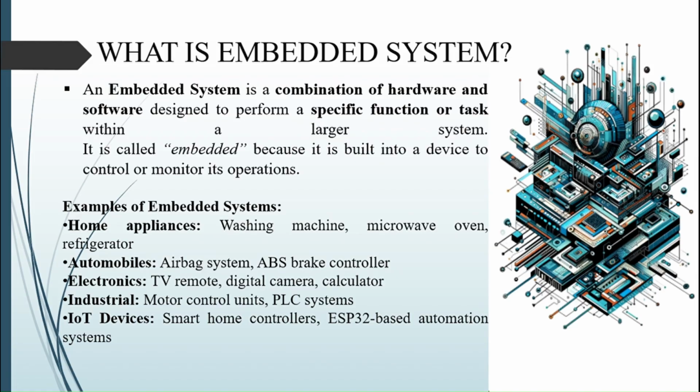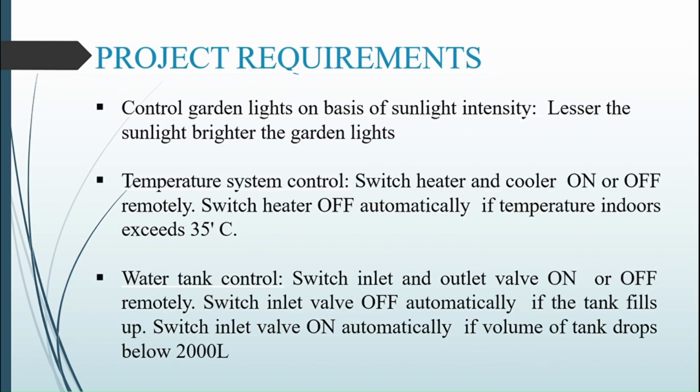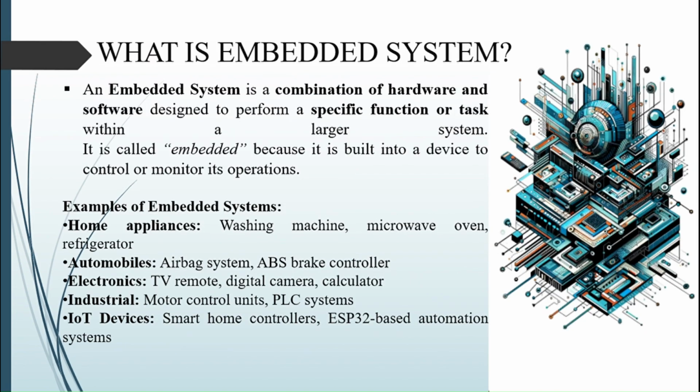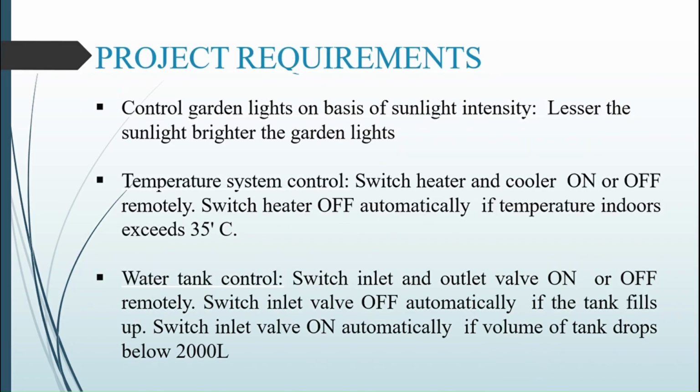It's also used in automobiles like airbag systems and ABS braking controls, and in electronics like TV remotes, digital cameras, and calculators. In industry, embedded systems are widely used in motor control units, PLC systems, and IoT devices such as smart home control and ESP-based automation systems.